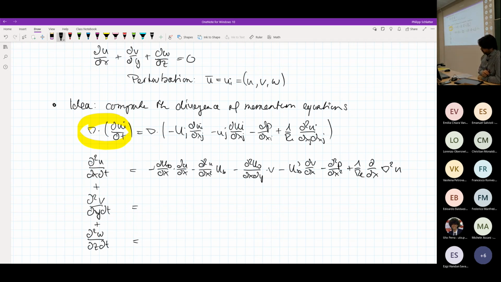Second row, I need to do ddy. I'm simplifying it, or actually the second one I still write. This will be ddy of ub times dv dx minus ub times dv dx dy. Then we have the pressure, d squared p dy squared, and then the viscous term, 1 over Reynolds dy of nabla squared u.